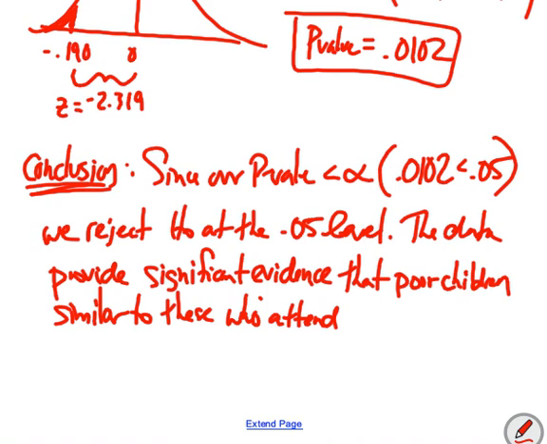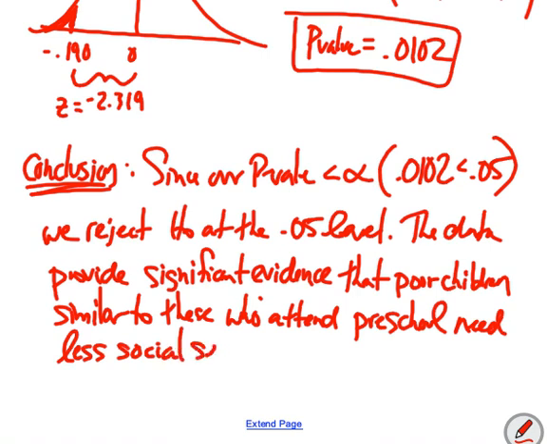So children similar to these who attend preschool need less social services as adults. So that kind of wraps up the significance test piece of it.